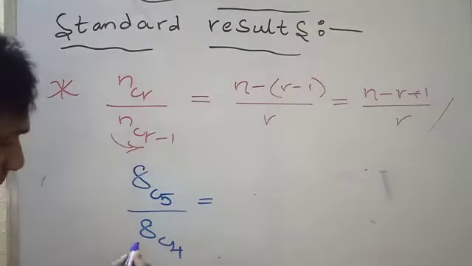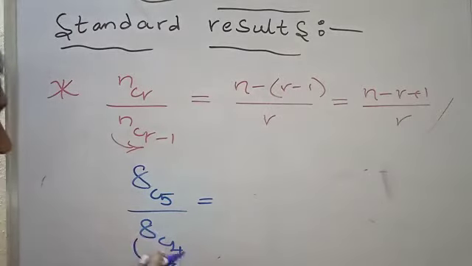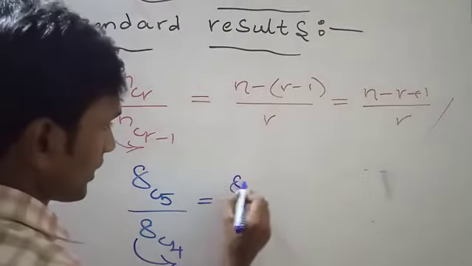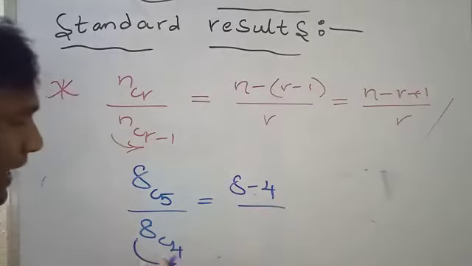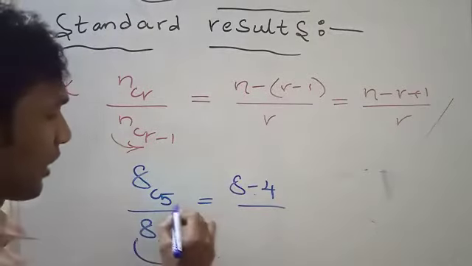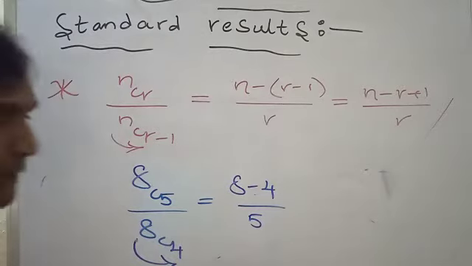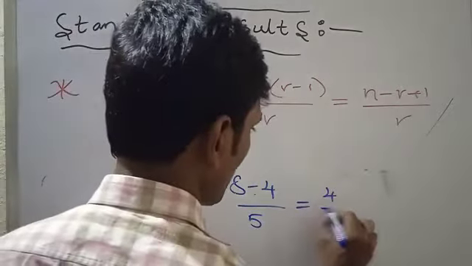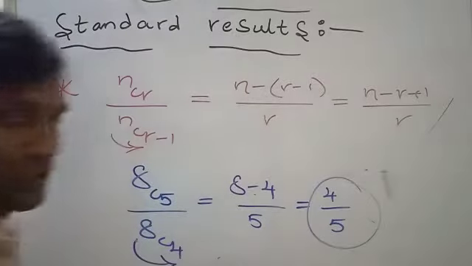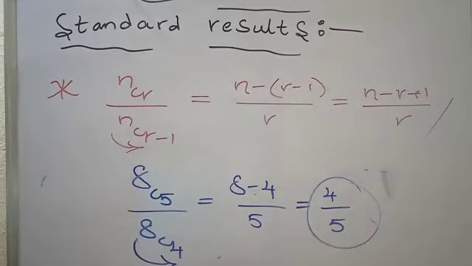The formula is to subtract the values of both n and r in the denominator: 8 minus 4, divided by, write the value of r in the numerator, it is 5. That equals 4 divided by 5. So this is the process for finding the value of the given expression, which is in the form of nCr divided by nC(r-1).